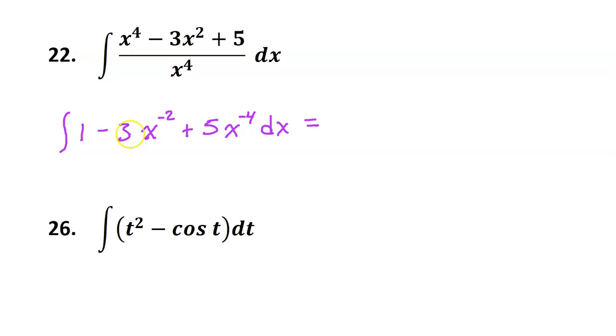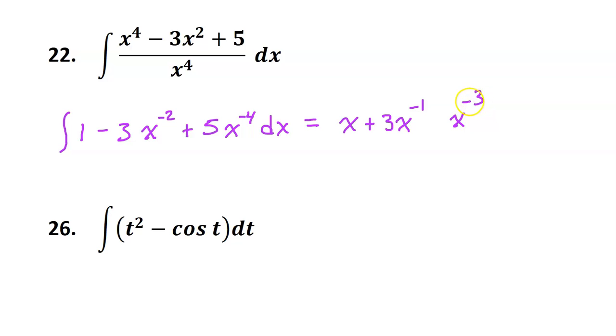Well, the integral of 1 is just x. And then I'm looking at the x to the negative 2 power. Increasing the power by 1, I get x to the negative 1 power. And then dividing by my new exponent, I have negative 3 divided by negative 1, which is positive 3. Moving on to the x to the negative 4th power, I'm going to increase this by 1, so this will be x to the negative 3 power.